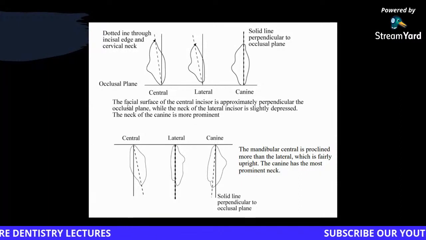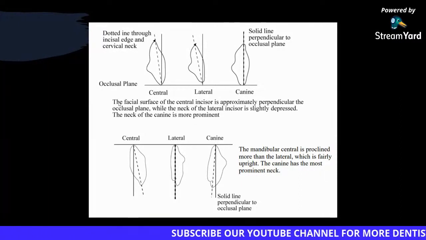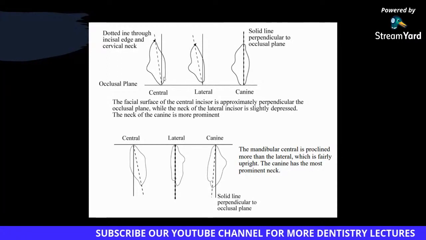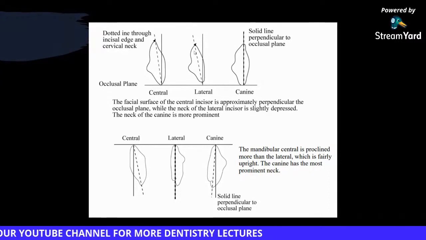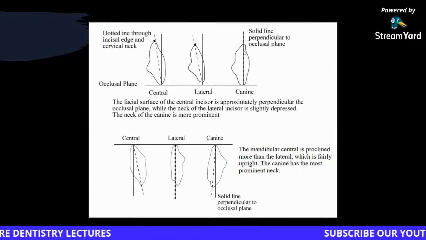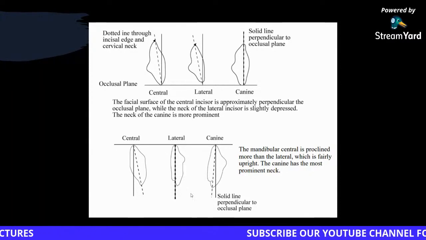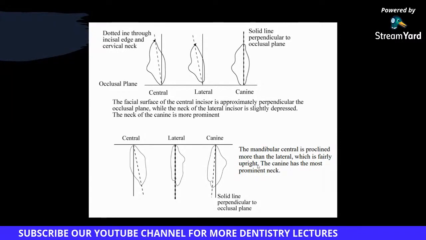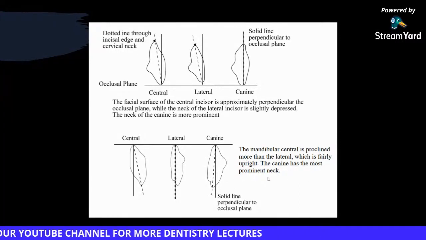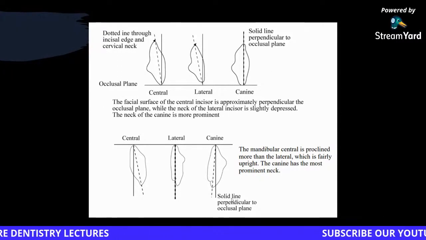You can see that the facial surface of the central incisor is approximately perpendicular to the occlusal plane, while the neck of the lateral incisor is slightly depressed, and the neck of the canine is more prominent. The mandibular central incisor is proclined more than the lateral incisor, which is fairly upright, and the canine has the most prominent neck. So that's how the anterior teeth are set.